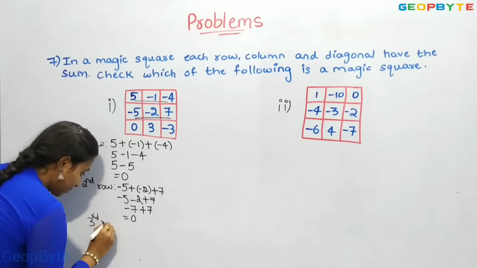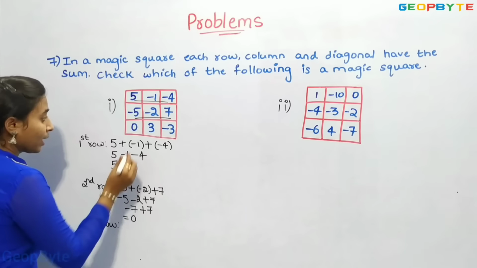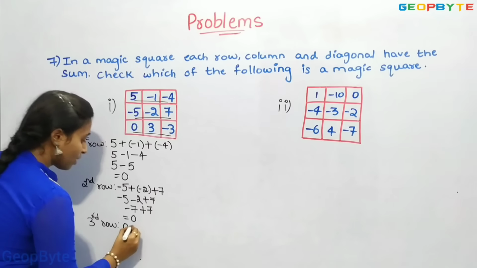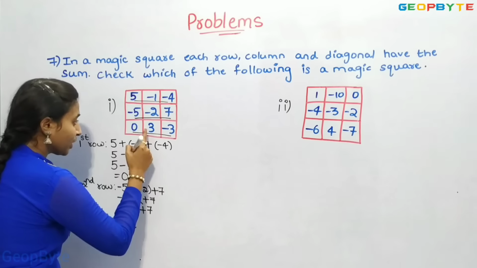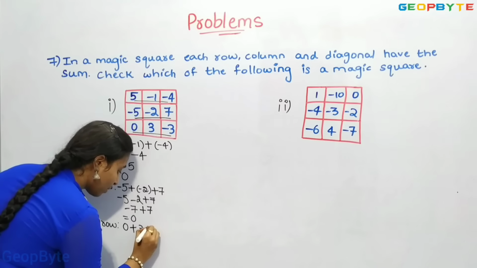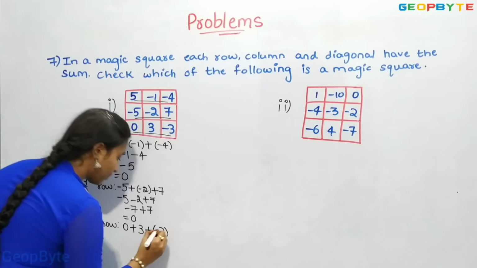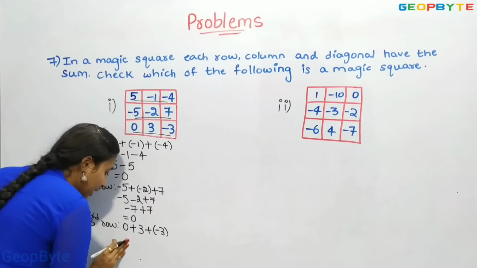In this third row, we have 0 plus 3 plus minus 3. Now 0 is negligible.